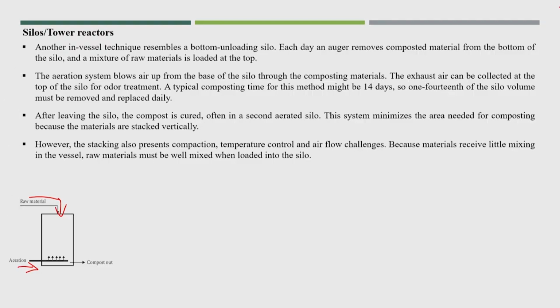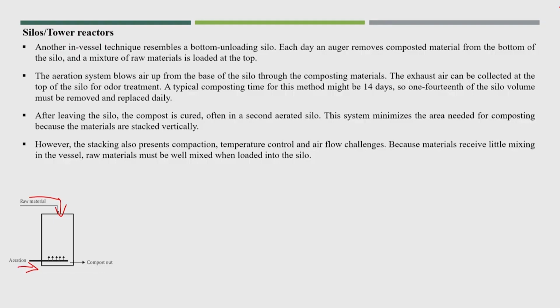In the bottom unloading silo technique, each day an auger removes composting material from the bottom of the silo, and a mixture of raw material is loaded at the top. The aeration system blows air up from the base of the silo through the composting material. Okay. And the typical composting time for this method might be 14 days.